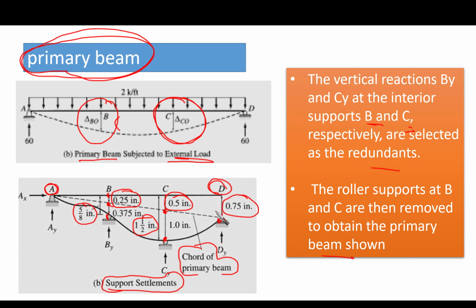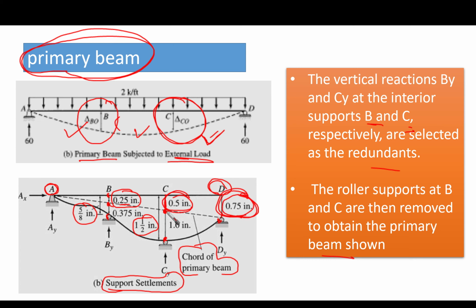This is easy to obtain. We have 0.75 here, and we have 3 spans, all of them 20 feet. So the displacement here is going to be 1/3 of 0.75, and here it is going to be 2/3 of 0.75, which is 0.5.